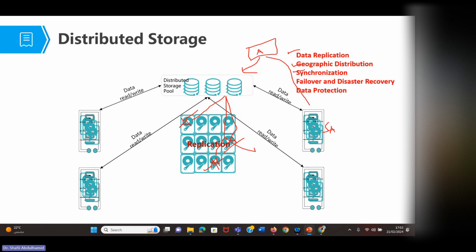Also, it helps very well in synchronization. Synchronization is basically to check the consistency of the file. Then also failover and disaster recovery. This type of storage for cloud is also very good for disaster recovery and data protection. So these are some of the advantages I tried to put here.